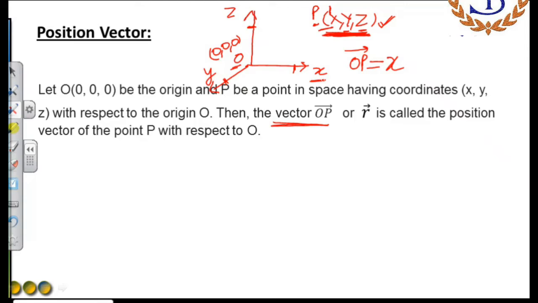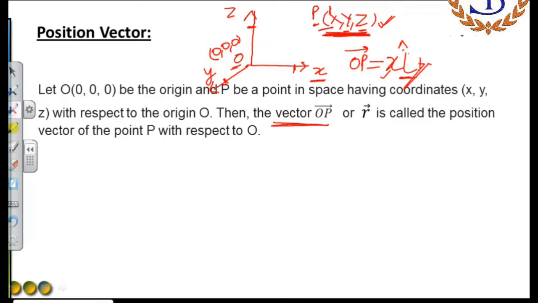So we have to use the direction of this x, and the direction of any vector is represented by another vector which is known as a unit vector, and this unit vector is represented by putting a cap over a term. Here I am putting a cap over this i. It means this i is a unit vector which is giving the direction of x-axis.